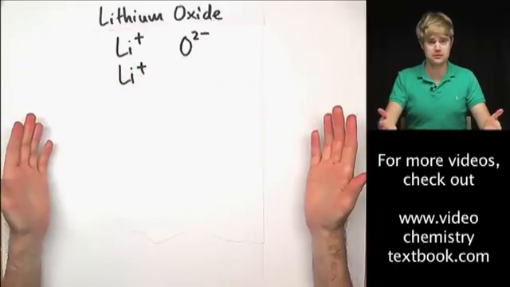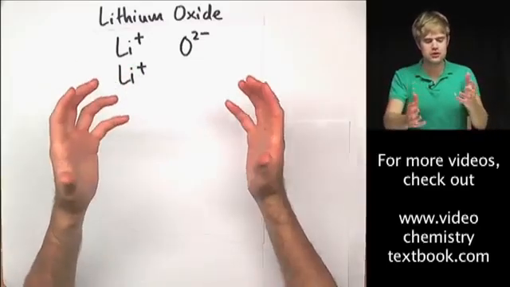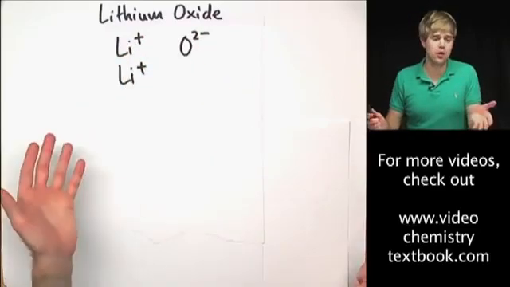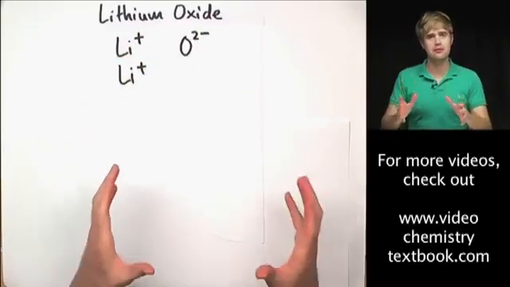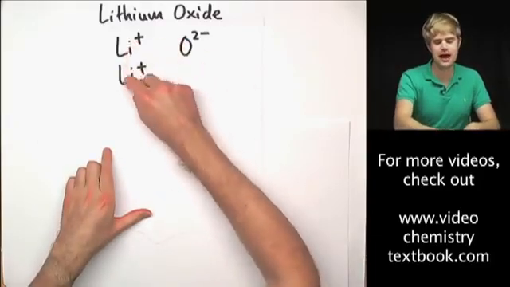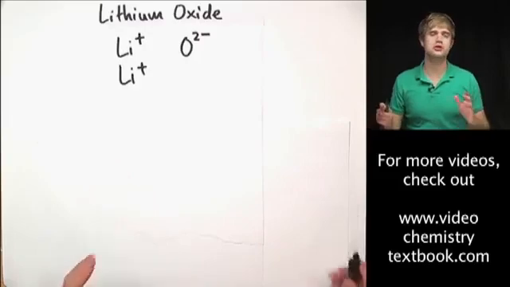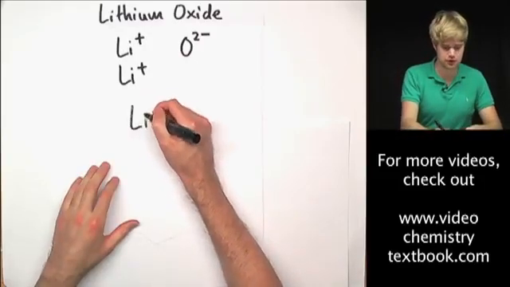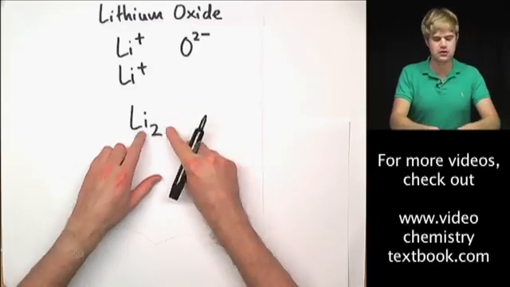And now they balance. So in order to get the charges balanced, I have to have 2 lithiums and 1 oxide or 1 oxygen. Now when I write the chemical formula, I'm literally going to say how many of each of these atoms I need in order for the charges to balance. And we've said that's 2 lithium atoms. So I'm going to write Li and then the 2 after it.